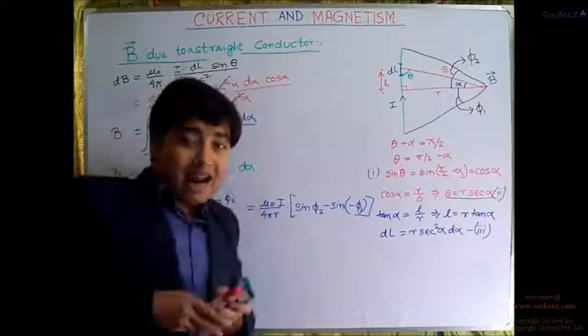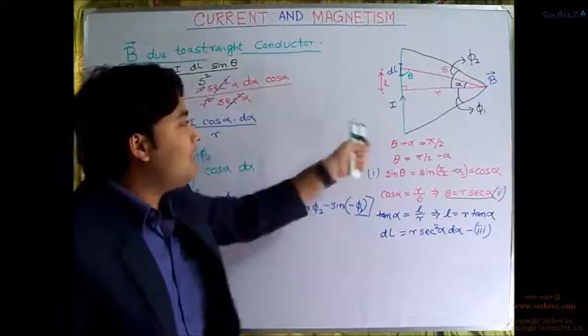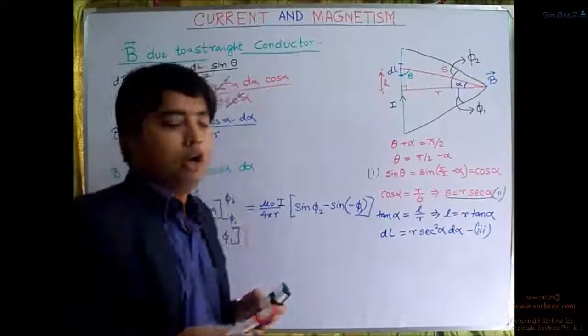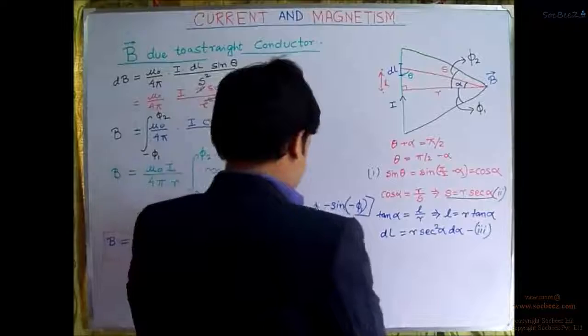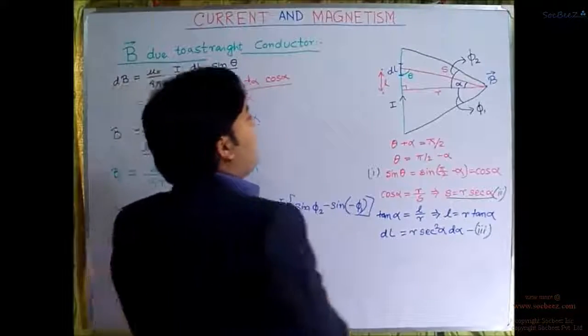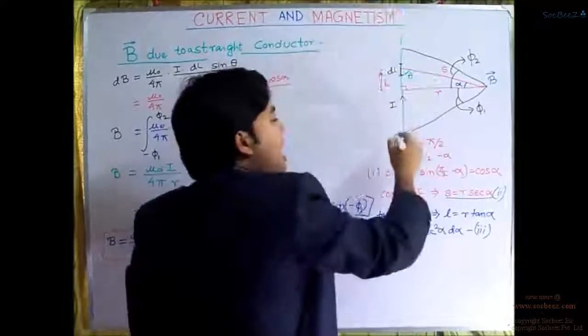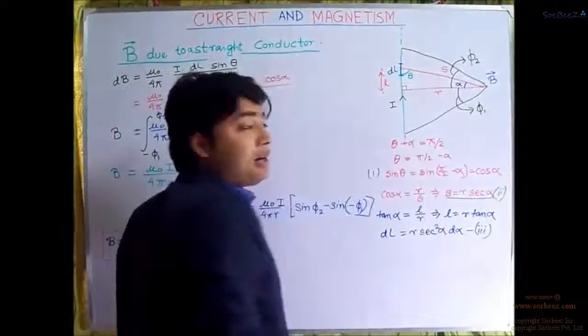conductor. Now let us check the case where this straight conductor is infinite. It is infinitely long, which means it extends to infinity on the upper side as well as the lower side.